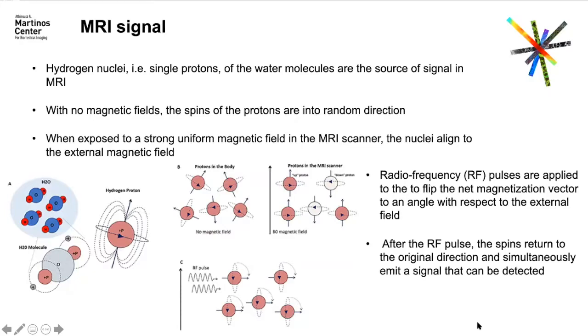But when they are brought into the external magnetic field, like in the MRI scanner, those protons will align parallel to this external magnetic field that you can see in figure B. Then slightly more spins are directed parallel than anti-parallel, as you can see in the figure, and that's why there is a net magnetization vector that points parallel to the external magnetic field.